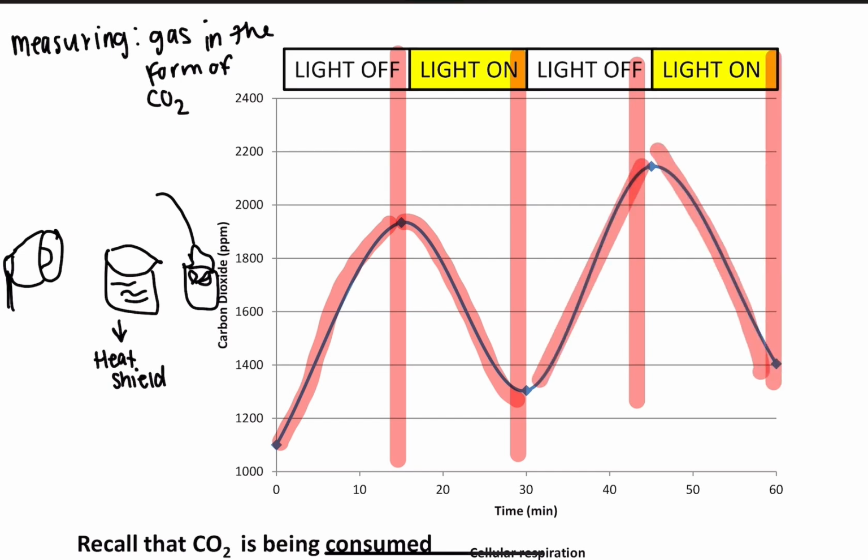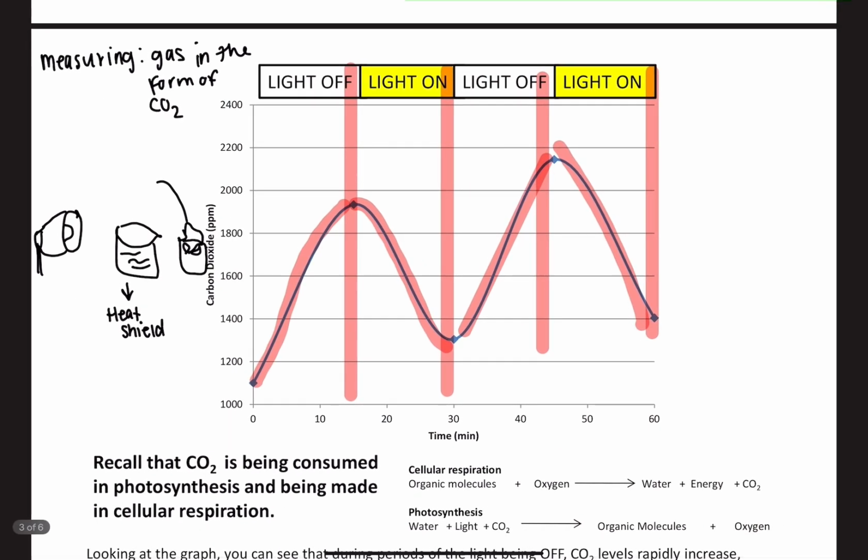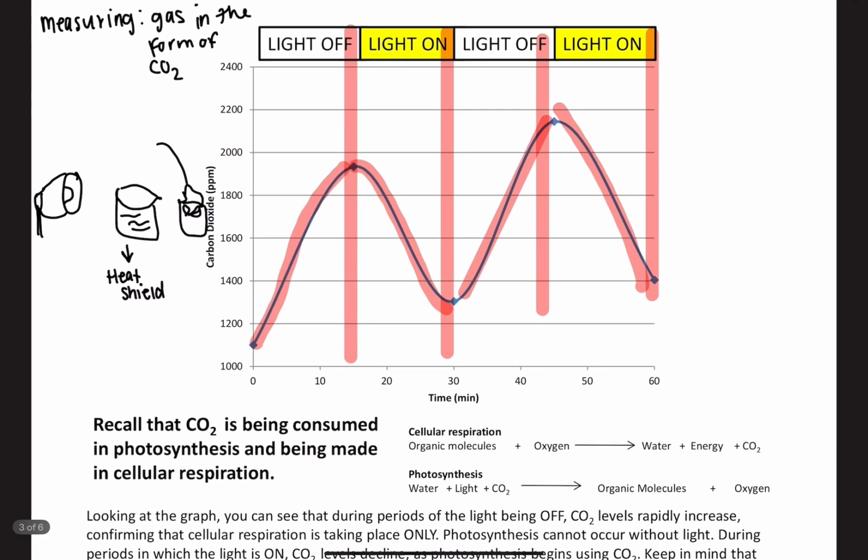This makes total sense because in the dark, photosynthesis stops and the plant is only using cellular respiration to produce carbon dioxide. If carbon dioxide is going up, then oxygen has to be going down since it's being used during cellular respiration. On the other hand, when the plant was exposed to light, our carbon dioxide levels decreased because photosynthesis was happening and using that carbon dioxide.